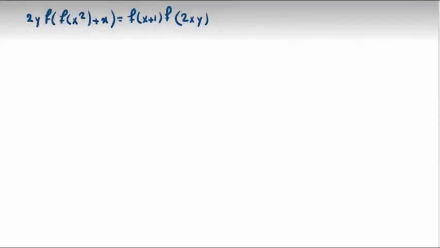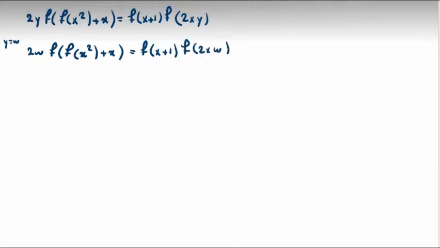Okay, so here, if I want to get rid of this, I write it for y and w. So 2w f of x squared plus x equals f of x plus 1 f of 2xw. And then here we can divide first one over second one.